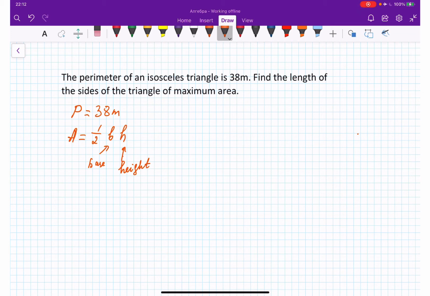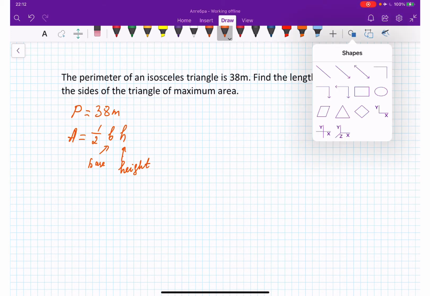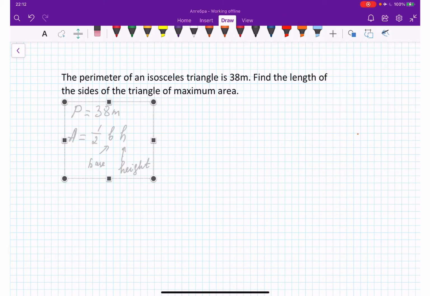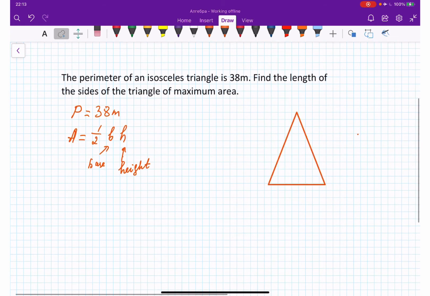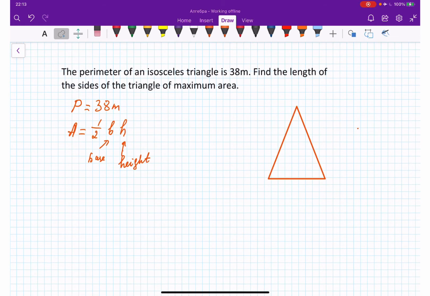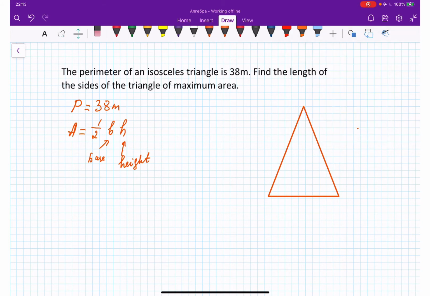Let's draw the triangle now. All right, so let me zoom in a little bit more so it would be better for visibility.